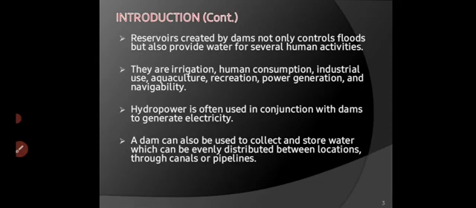Hydropower is often used in conjunction with dams to generate electricity. A dam can also be used to collect and store water, which can eventually be distributed between locations through canals or pipelines. So these are the uses of water stored by reservoirs and dams.